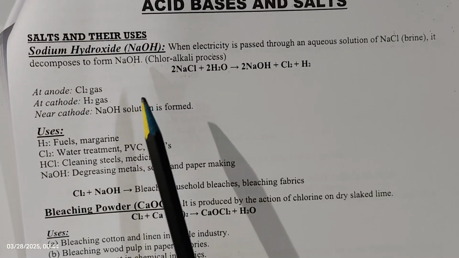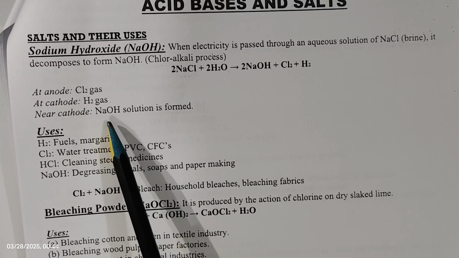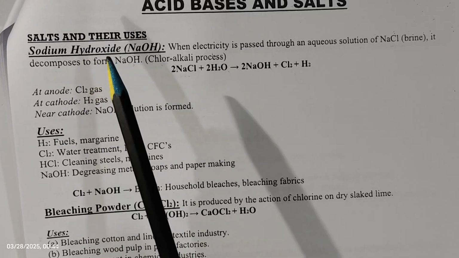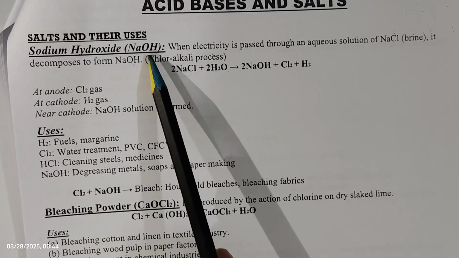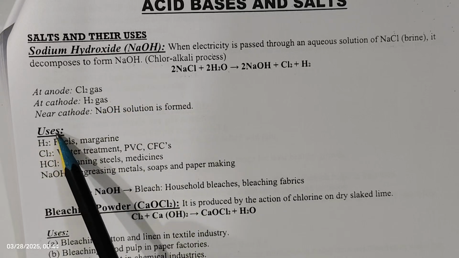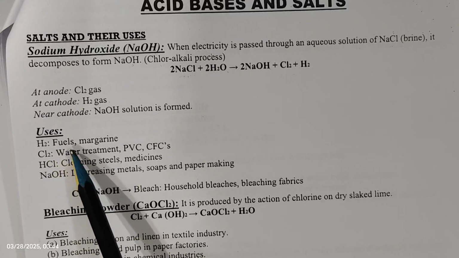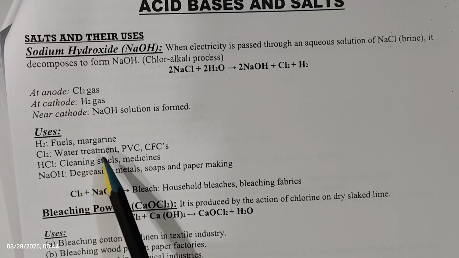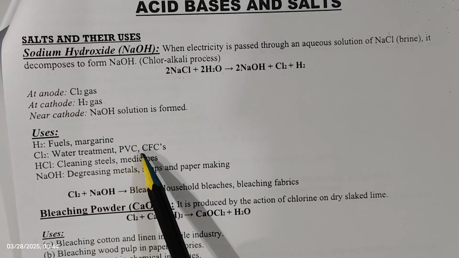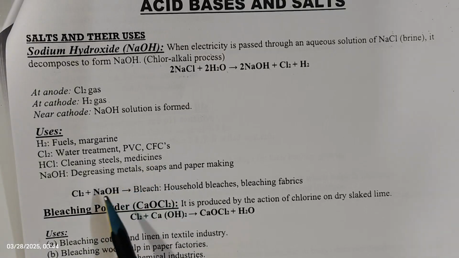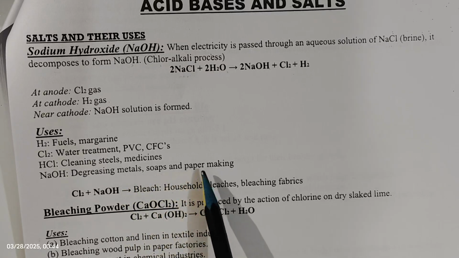Okay, next. What are the uses of sodium hydroxide? We have seen that sodium hydroxide's formula is NaOH. Then its uses: hydrogen as fuel, chlorine in water treatment, PVC and CFC, hydrochloric acid for cleaning steel, medicines, sodium hydroxide for degreasing metals, soaps and paper making.